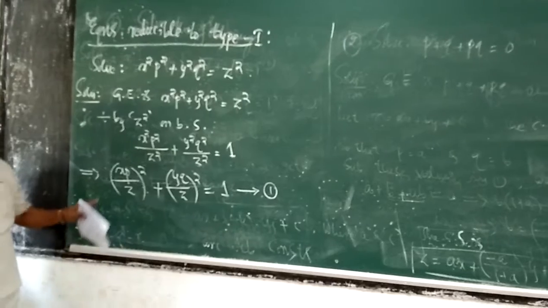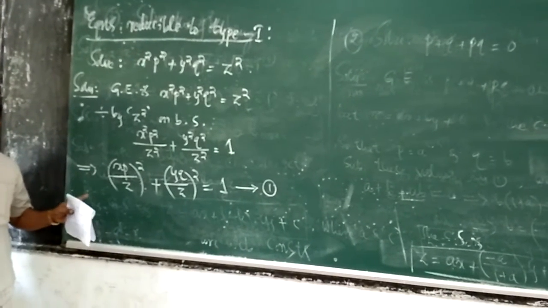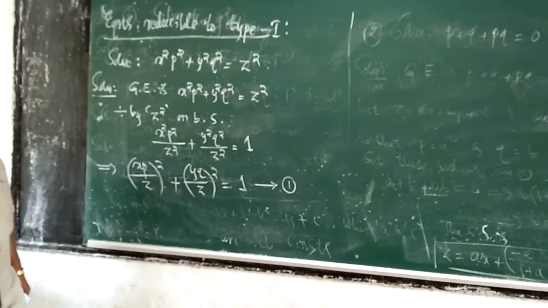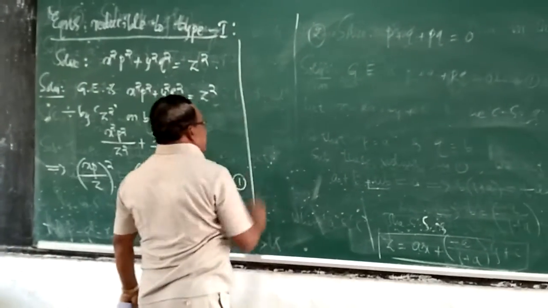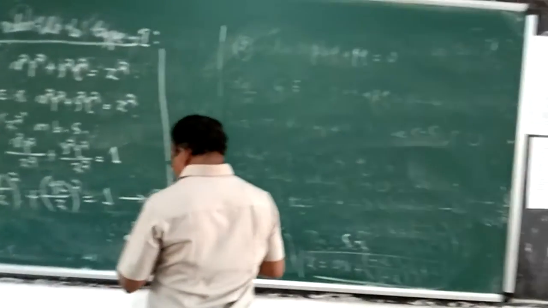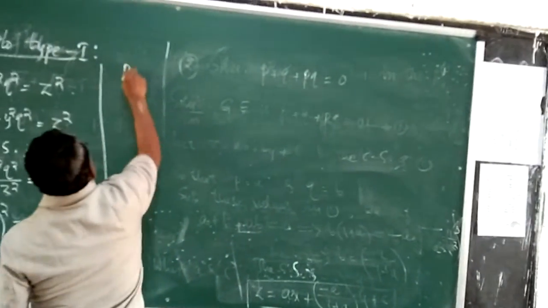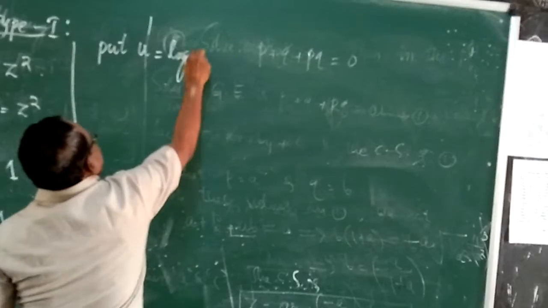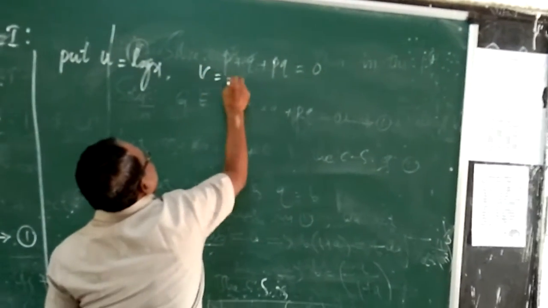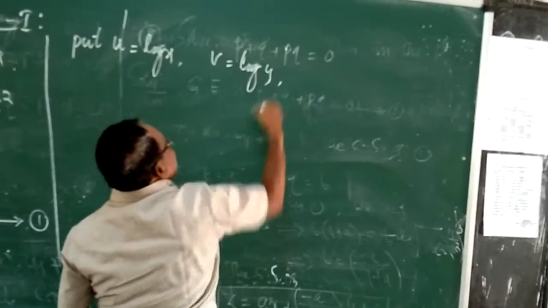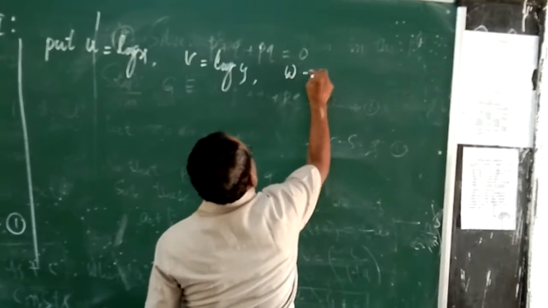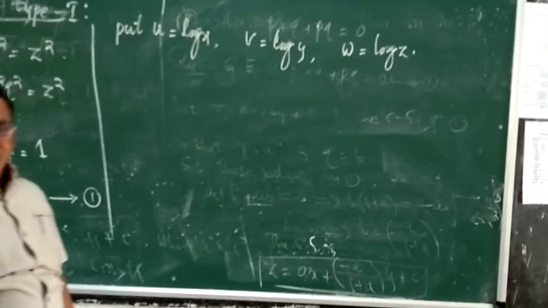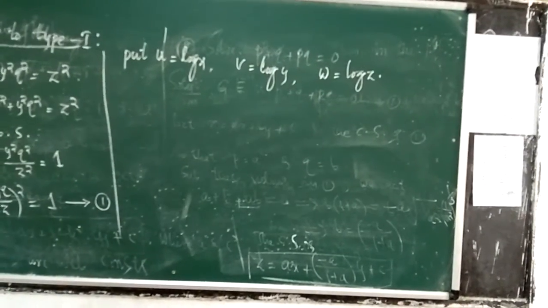And by making use of suitable substitutions, we can convert this into type 1. For that, make use of these substitutions. Put u is equal to log x, v is equal to log y, and w is equal to log z. You make use of these substitutions.